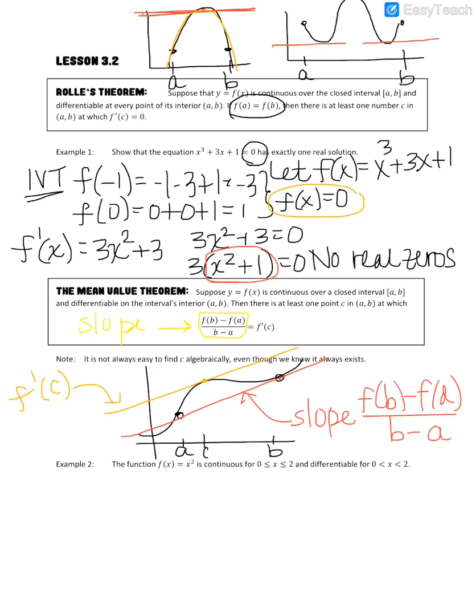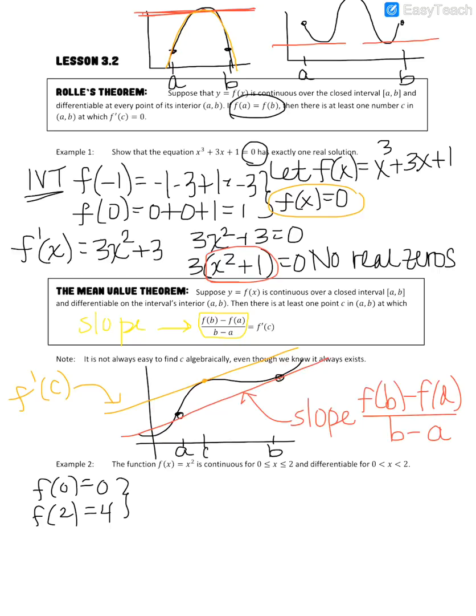Let's look at an example. The function f of x equals x squared is continuous from 0 to 2 and differentiable from 0 to 2. Here we have f of 0 equals 0 squared, which is 0. f of 2 is 2 squared, which is 4.